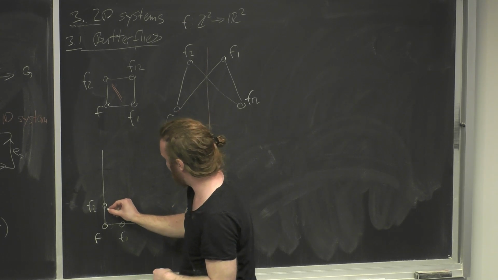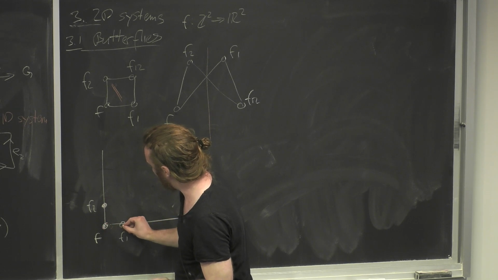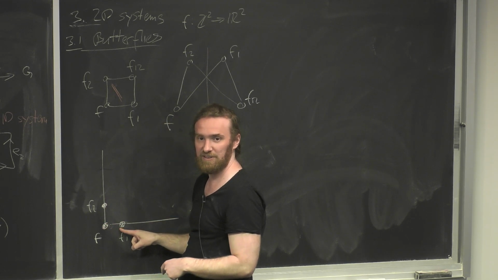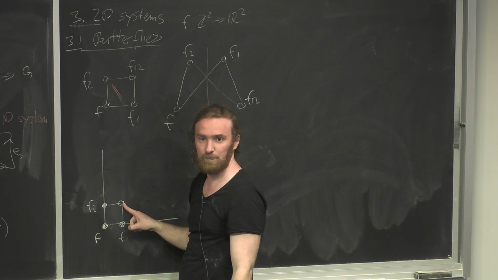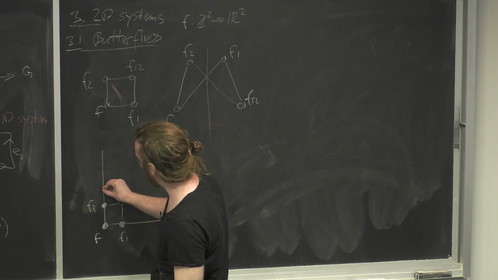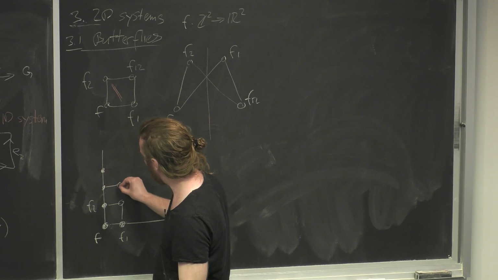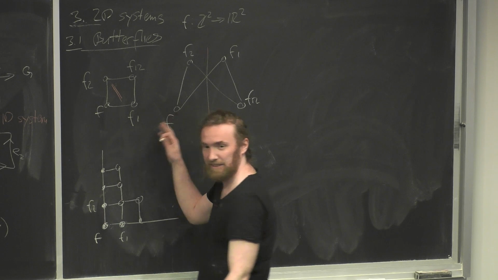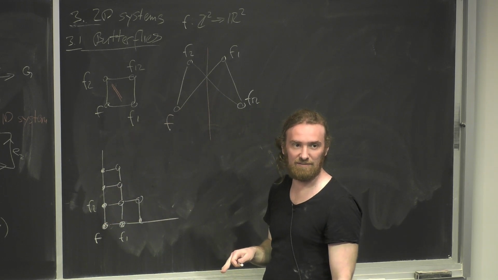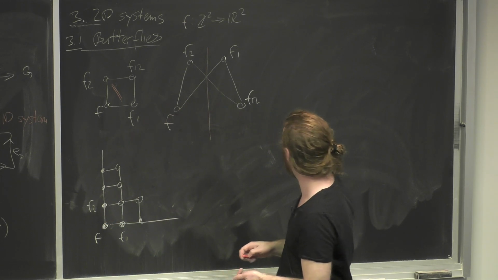Which really means I can consider these 3 points as initial data, and then I get f12. And if I know everything on the coordinate axis, then I get all the points in this case. There's no consistency problem so far.